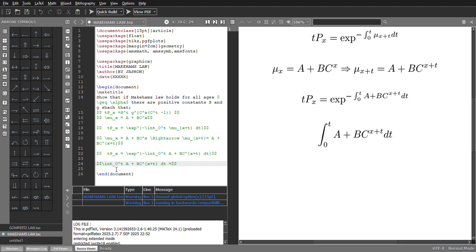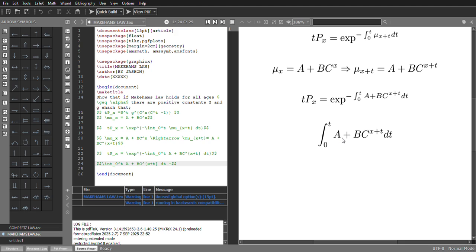When we integrate this part, let's integrate it step by step. A is a constant. When we integrate a constant, we have the power of t here, which is 0 because we're integrating with respect to t.